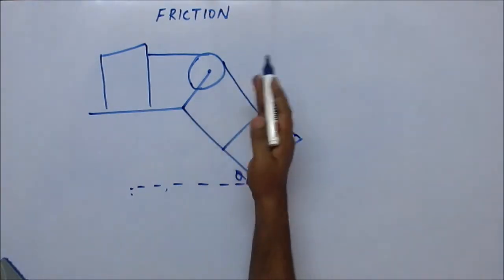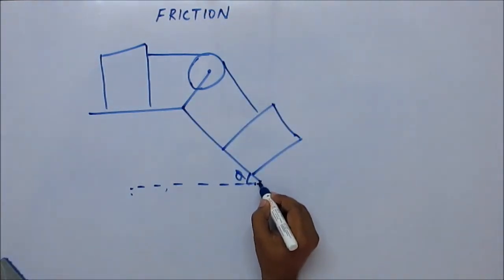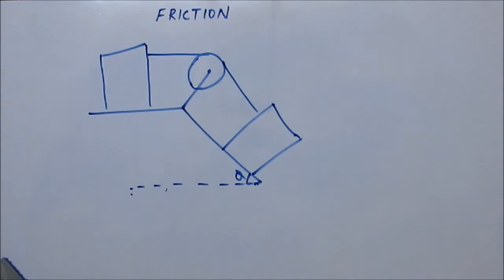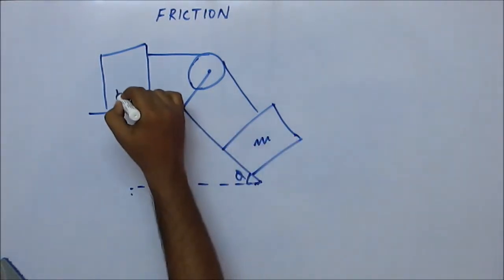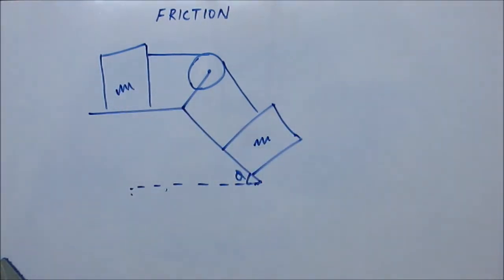The string is parallel to the plane of the wedge, both the strings, and this angle is given as theta. Take mass of both the blocks same as m. Now the question is, what should be the minimum value of this theta so that the system starts moving, they no more remain at rest.